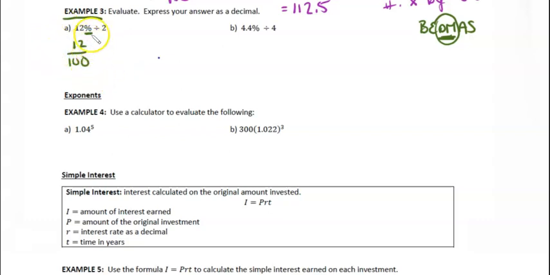And then we can take that and divide it by 2. Okay, we can do it this way, or we can take 12 and divide it by 2 and then divide it by 100. It doesn't matter which order we go in. So let's do this first. 12% is going to be 0.12. And then if we divide that by 2, we get 0.06.